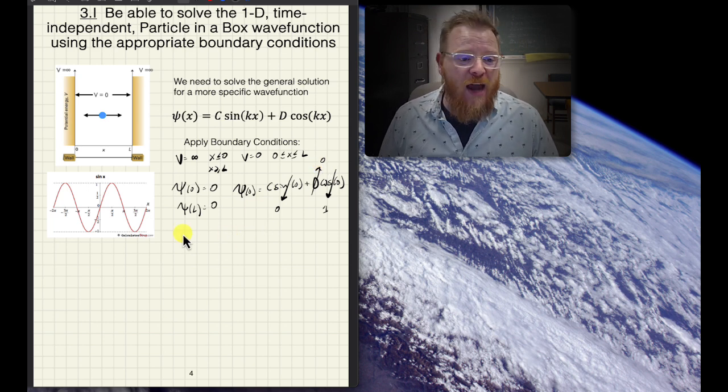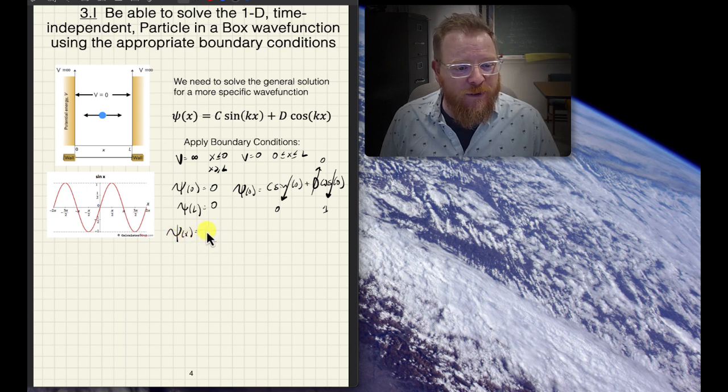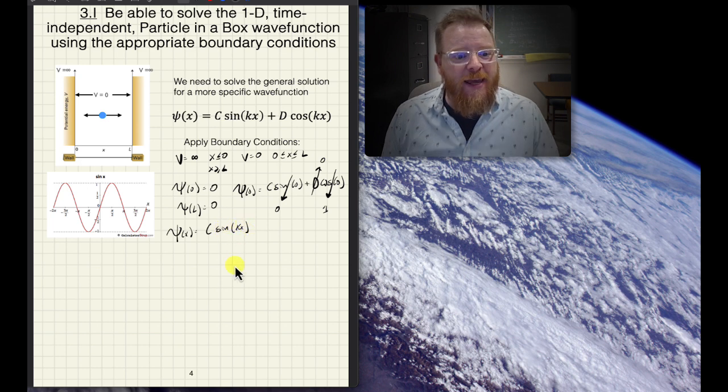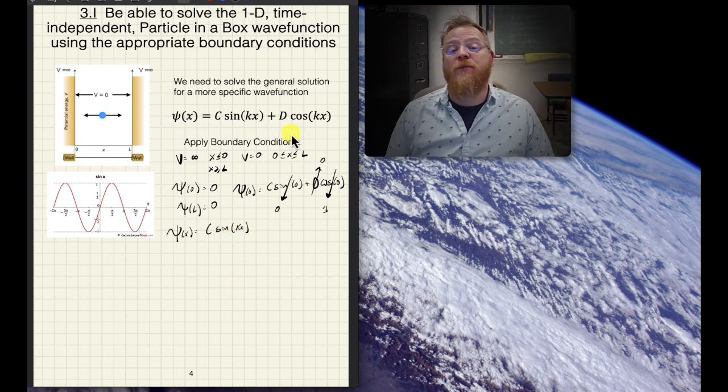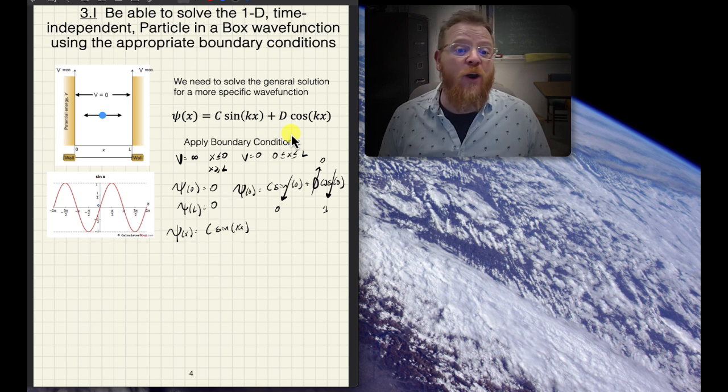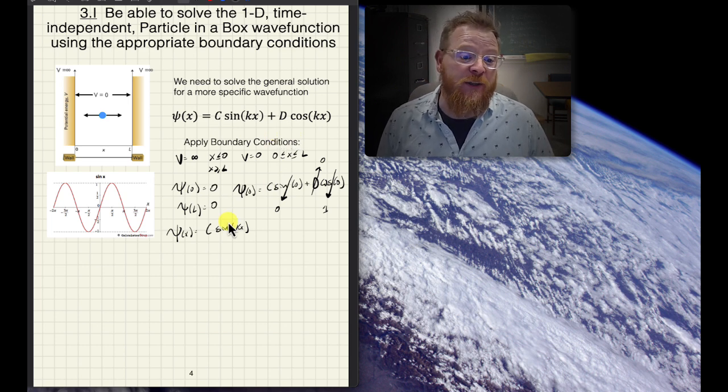So now we can rewrite that and say psi of x equals c sine kx. And we've completely dropped off that cosine term because we know that it has to be 0 at x equals 0.